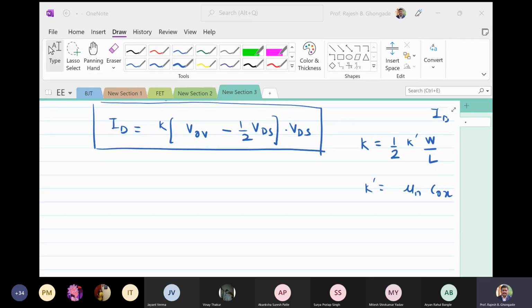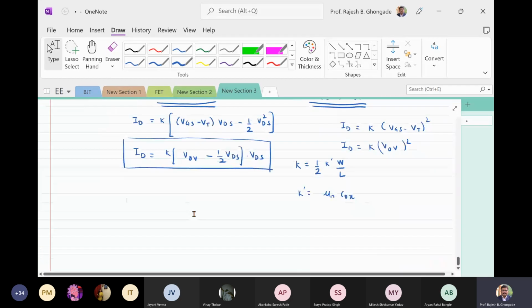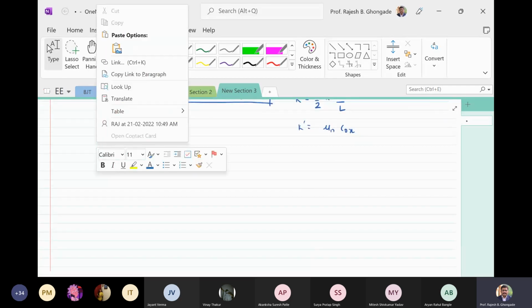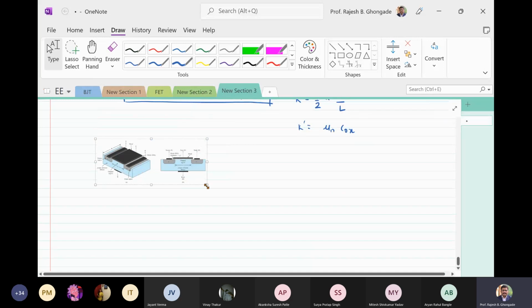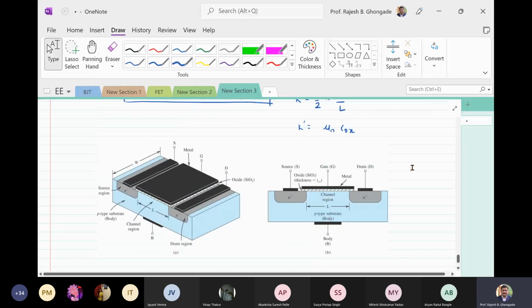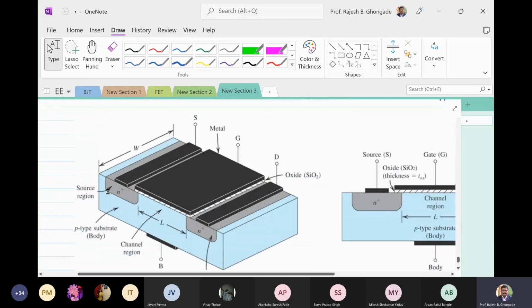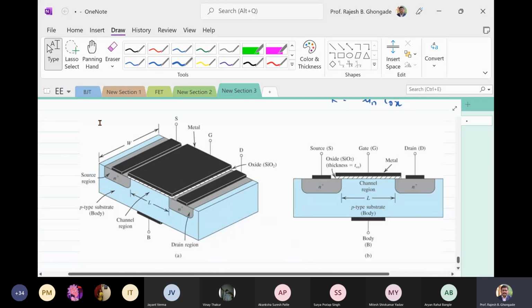All right. Here is the figure. This is how it is constructed. We have just seen the cross section, side view. This is actually how it is in 3D.